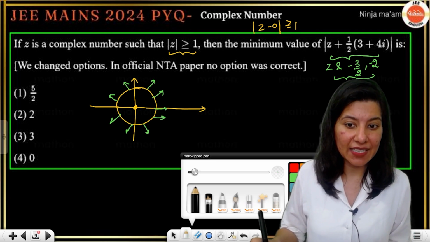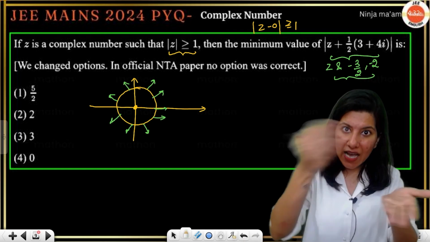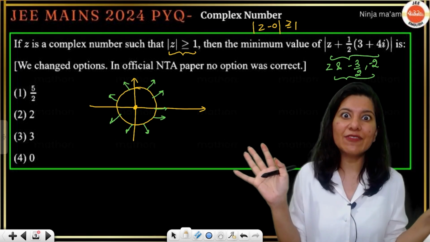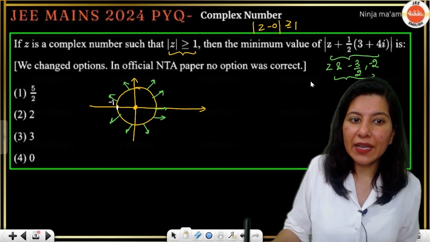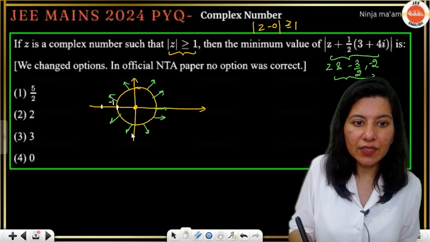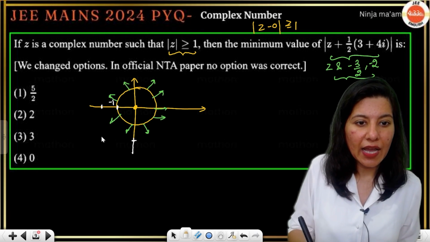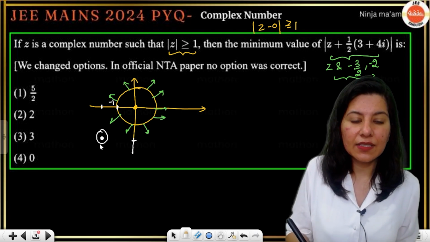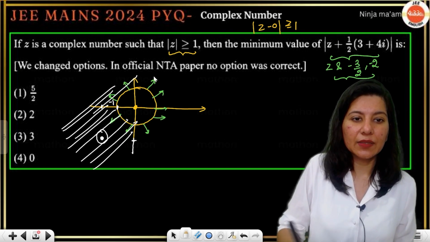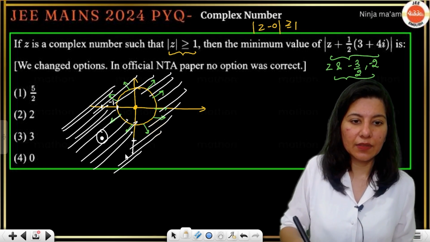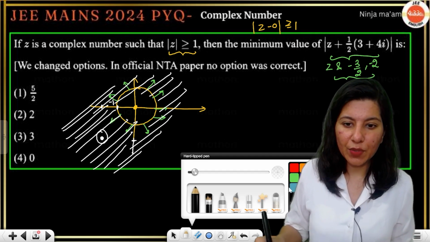Where is z? Z is outside the circle, anywhere. Infinite region. So now this is your minus 1. Minus 3 by 2 will come over here. This is minus 2, and this is the point. And this is the region.